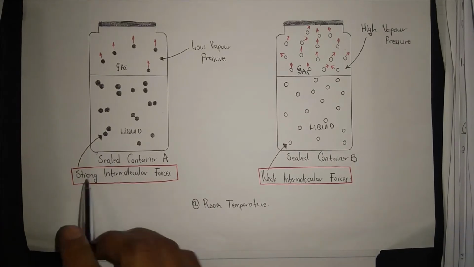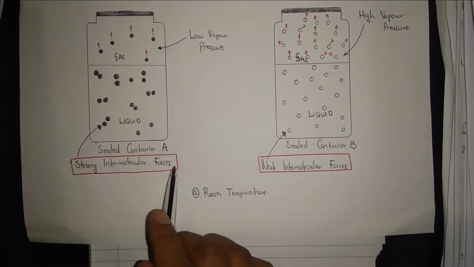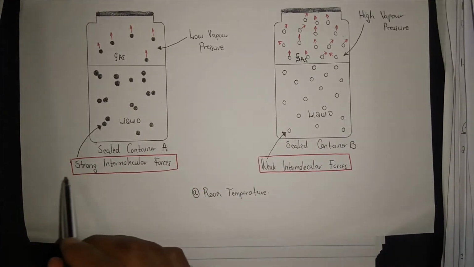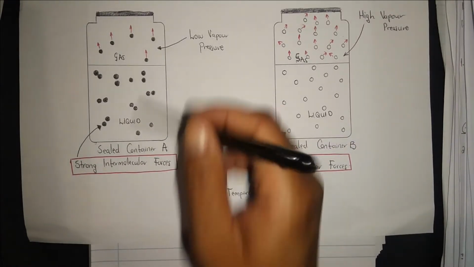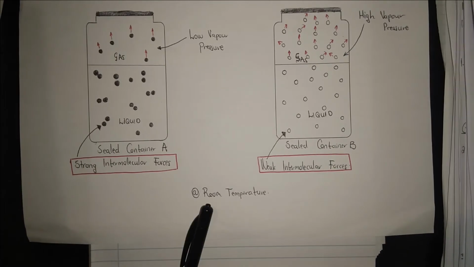The liquid has strong intermolecular forces between its molecules. We know that alkanes and alkynes have London forces, which are the weakest intermolecular forces. Then on the extreme end we have alcohols and carboxylic acids, which we know have strong intermolecular forces.